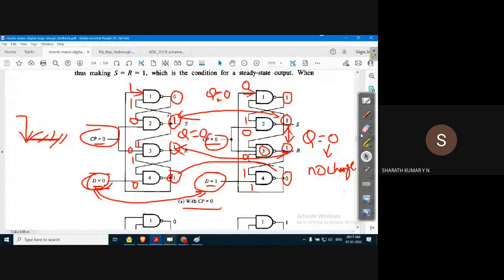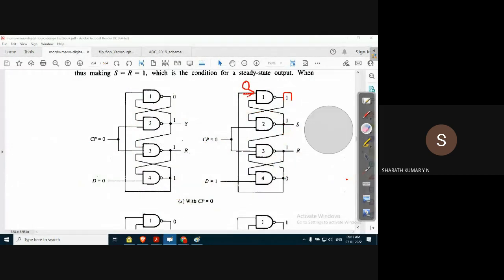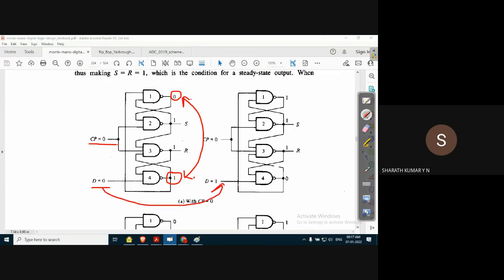So this is for the clock pulse 0. Now let us see what happens when the clock changes. Guys, what is the difference you see? When D is 0, clock is 0, output of the first NAND gate is 0, and output of the fourth NAND gate is 1. Observe these two. When D changes to 1, output of the first NAND gate is 1, output of the fourth NAND gate is 0.